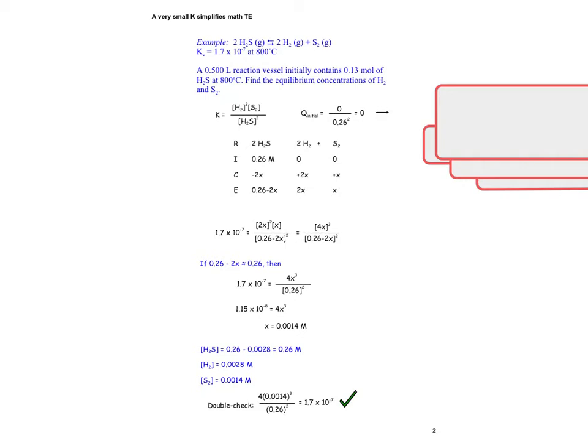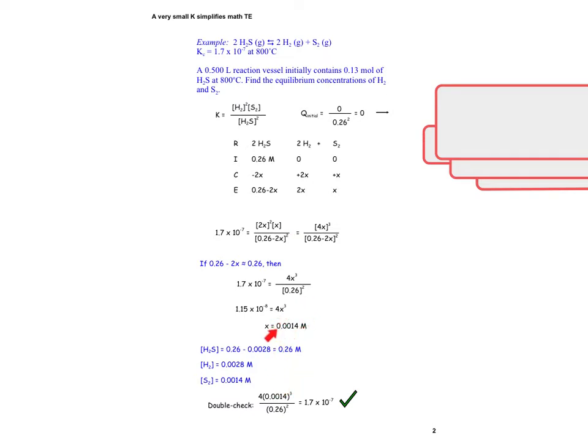So the math is simpler. I don't have to worry about my graphing calculator or my Desmos. I don't have to worry about the fact that those don't work very well when k is super small. I don't have to deal with the fact that I've got a cubic and a quadratic and all sorts of icky, nasty math going on.